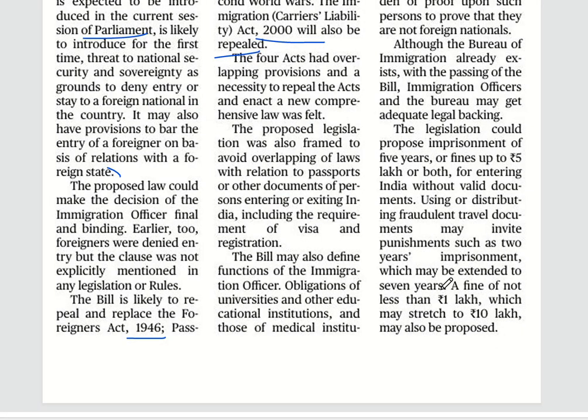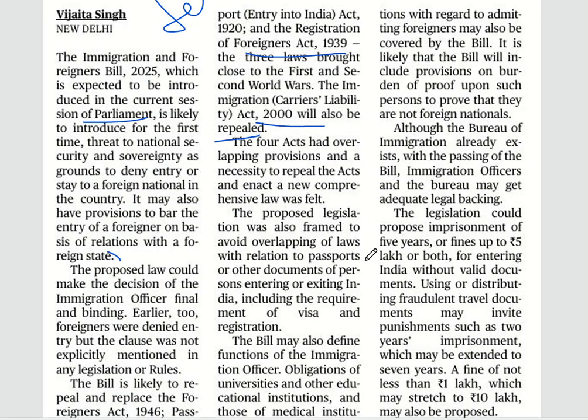Also, if any foreigner violates the rules, what is the punishment for them, and what article has been introduced for them, you can check the data.